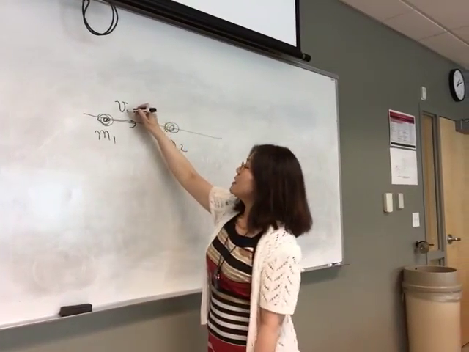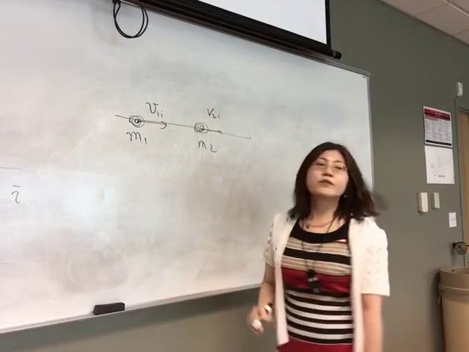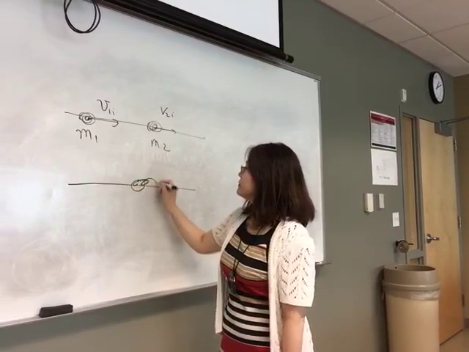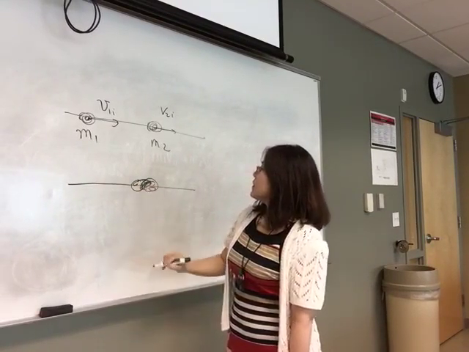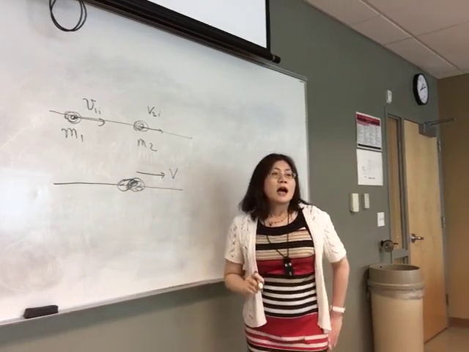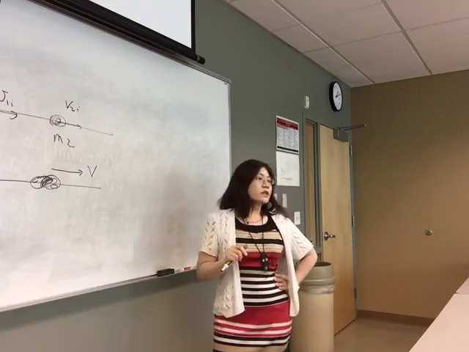So it's V1i, you have V2i. So this is before. After collision, they stick together. Okay, and they're moving at the same velocity. How would you express that velocity in terms of V1i and V2i?